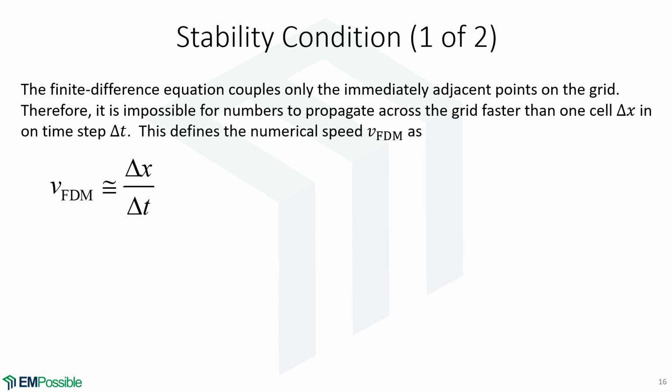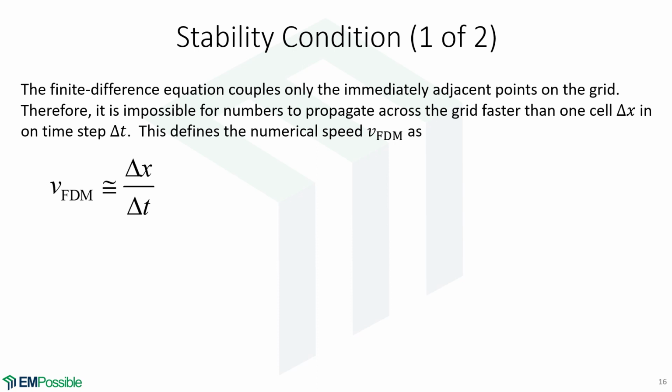Now there is a stability condition here, and let me just step you through this and you will see why. Notice how we derived our finite difference equation. It's a term that's coupled to immediately adjacent terms on the grid. This means if I was to inject a number at one point on the grid, it's absolutely impossible for that number change to travel past one cell in one time step.